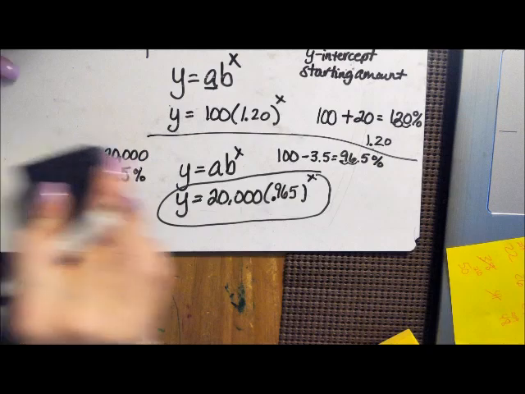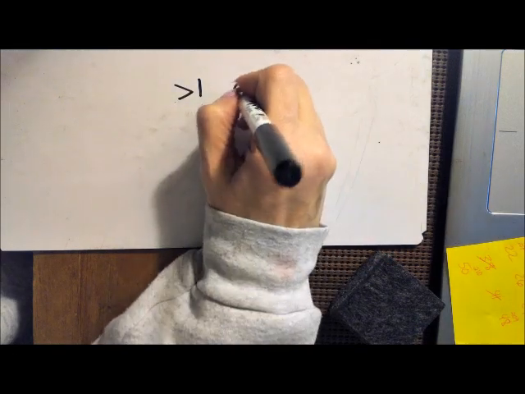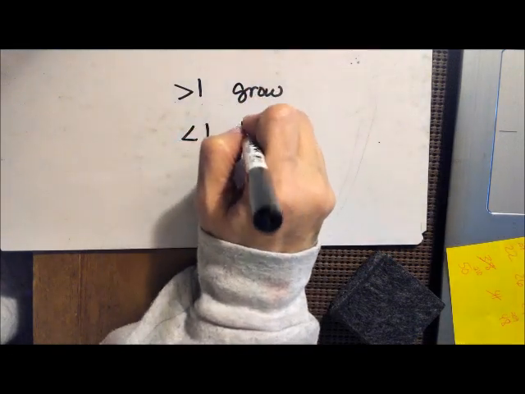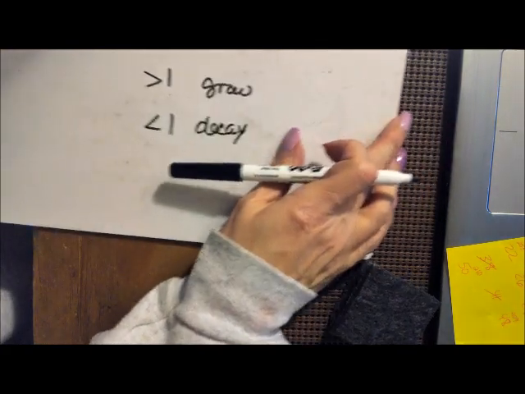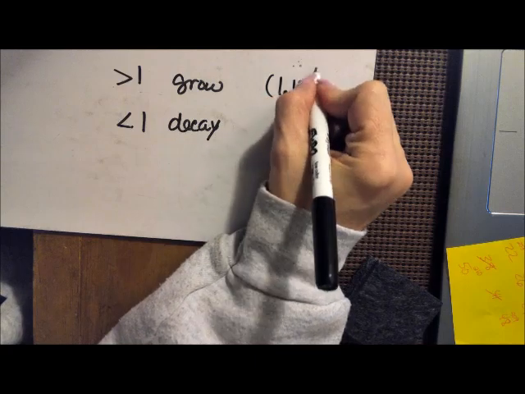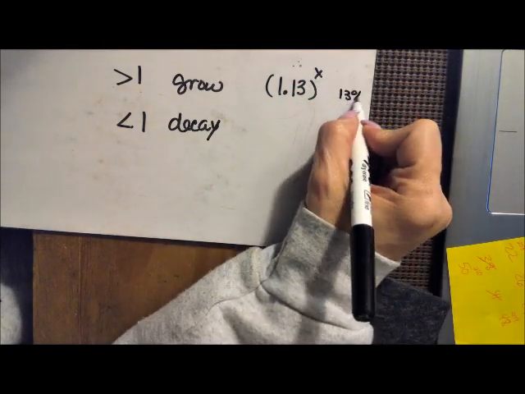Remember with these, when you're doing growth and decay, if you're bigger than 1, you're growing. If you're less than 1, you're decaying. Now, what do I mean by that? In my parentheses, if I see 1.13 to the x power, this would be a growth of 13%.